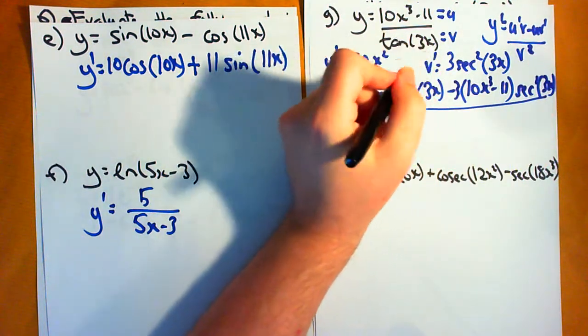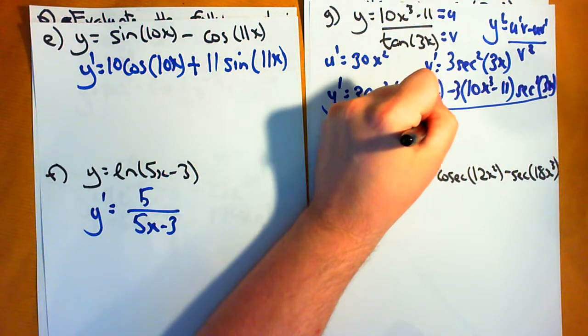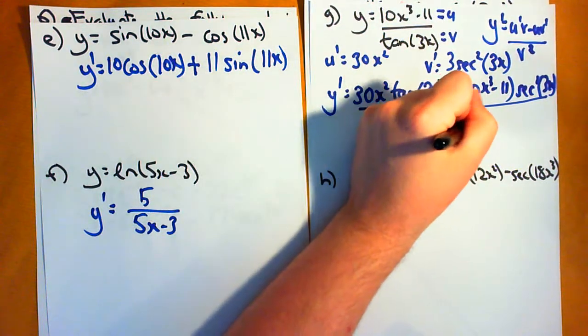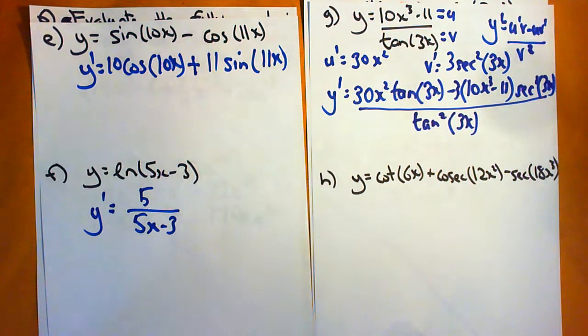So we're squaring tan of 3x, which gives us tan squared of 3x. So the derivative of 10x cubed minus 11 all over tan of 3x is 30x squared times tan of 3x minus 3 times 10x cubed minus 11 times sec squared of 3x, all of that over tan squared of 3x.